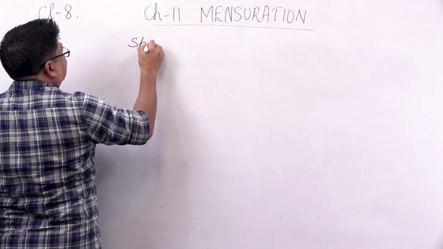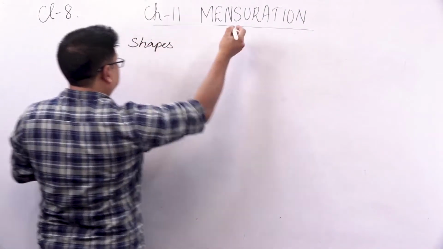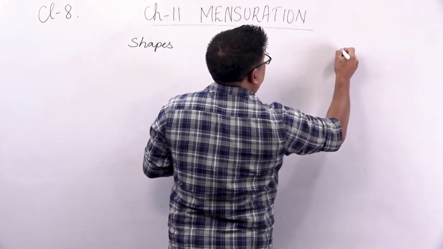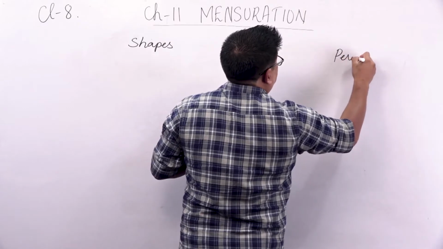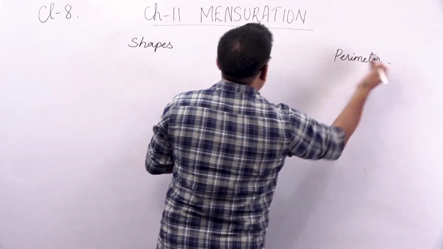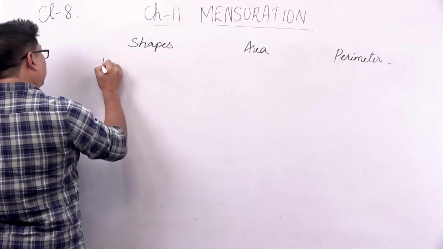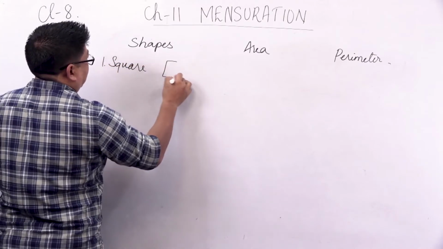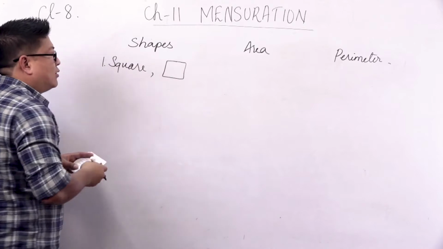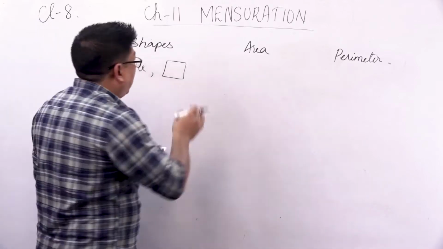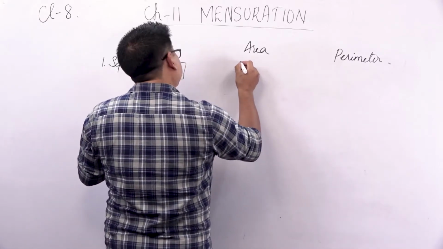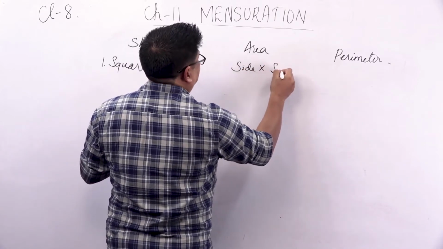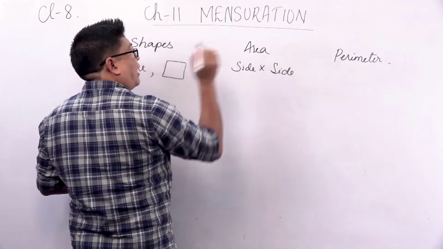Let's organize them in this manner: shapes, and then this will be the place for formulae of area, this for perimeter. So let's look at the first one. We have already learned about square. Square, it has all the sides equal, right? And its formula is side into side, that is for area.